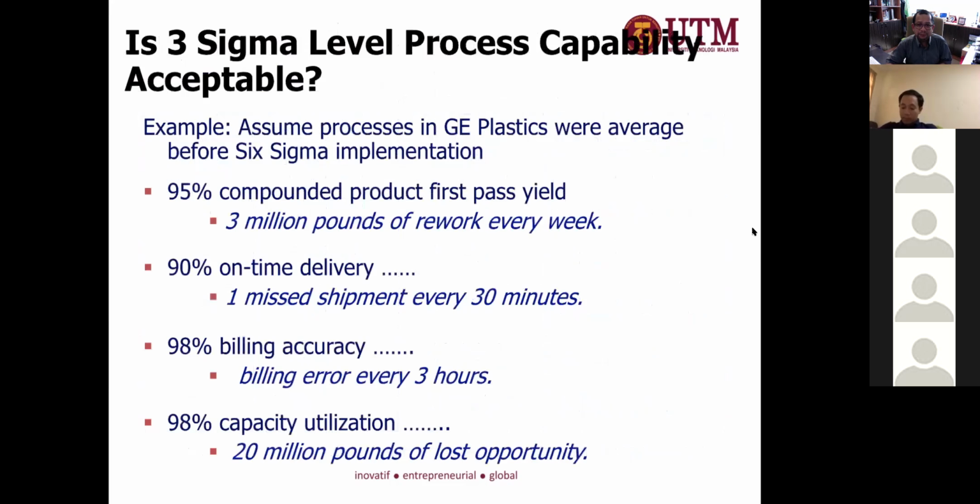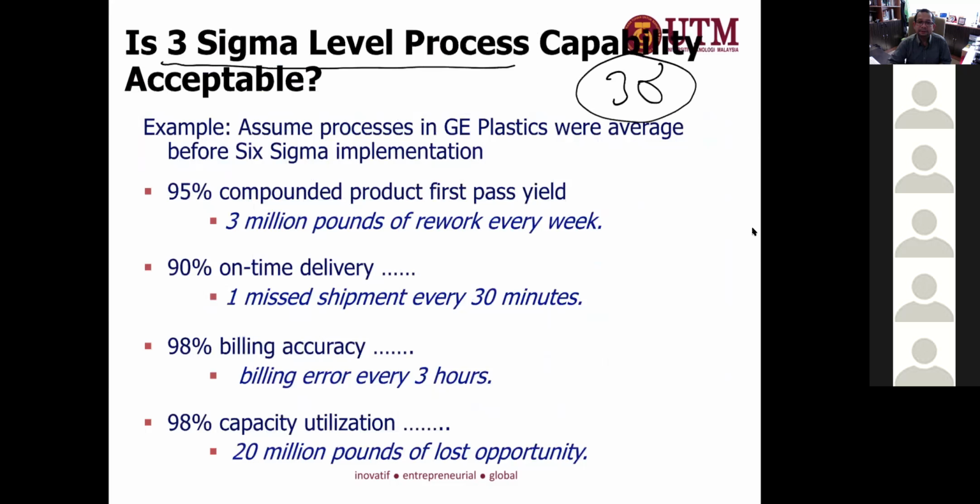Okay, if we are at the 3 Sigma level, the economic level proposed by Dr. Deming, what does it mean? 95% first pass yield, 3 million pounds of rework every week. 90% on-time delivery means 1 missed shipment every 30 minutes.